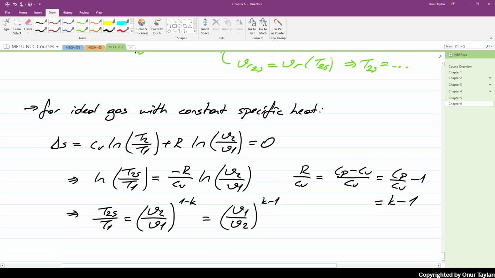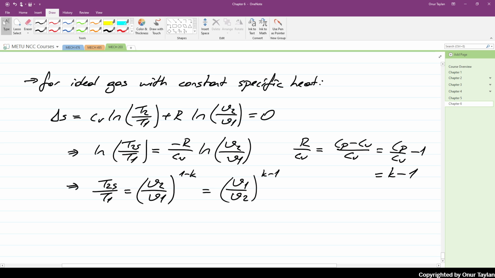I use this relation because I know the specific volumes. So this is going to be v2s actually, to denote that it's the isentropic exit state. If Cp is constant, we know k. T1 is known, so we can solve for T2s from this relation, which was the objective.